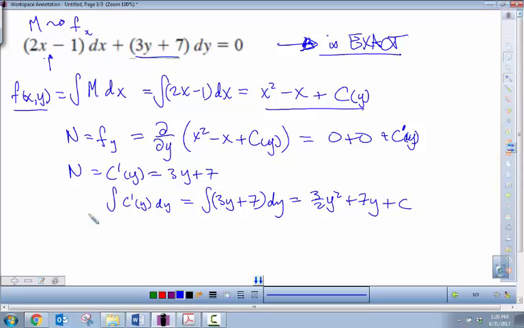What do we have? We have our f of x is equal to x squared minus x plus c of y, but c of y we found to be 3/2 y squared plus 7y plus a constant.